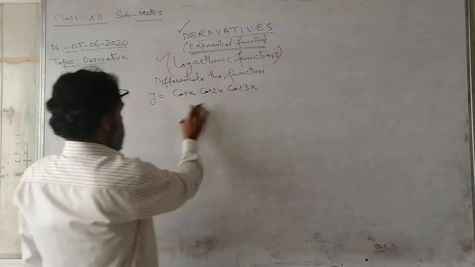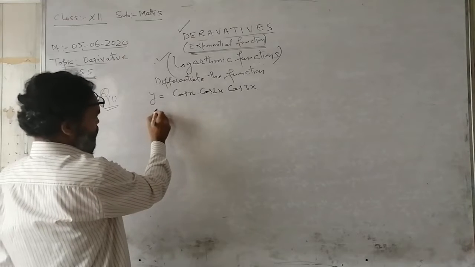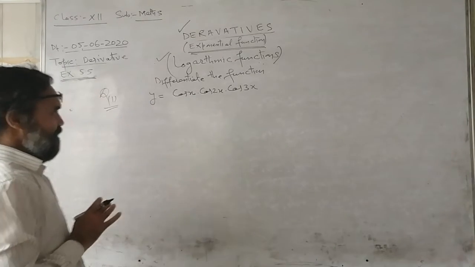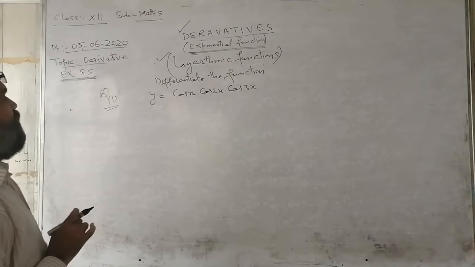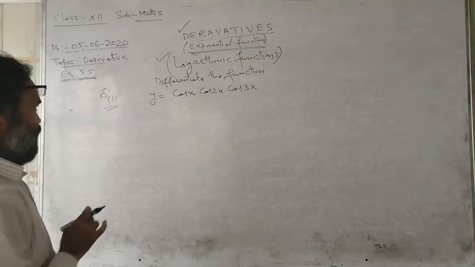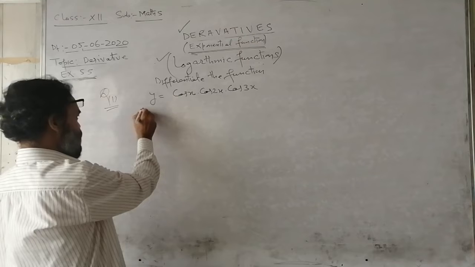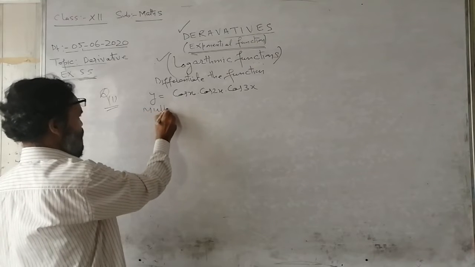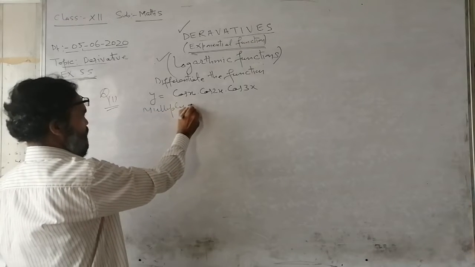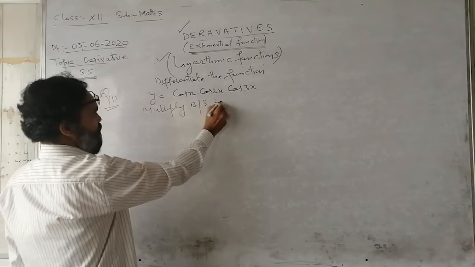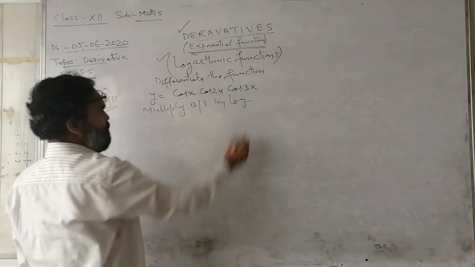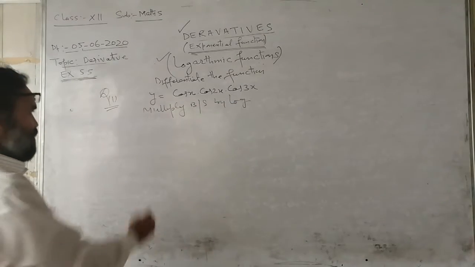So we have to find its derivative. For finding its derivative directly, we cannot find its derivative. So we multiply both sides by log, or taking log to both sides.